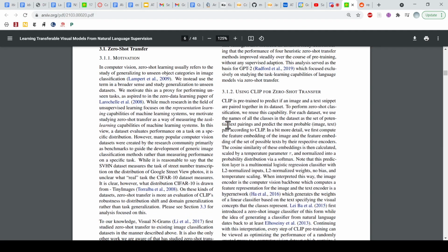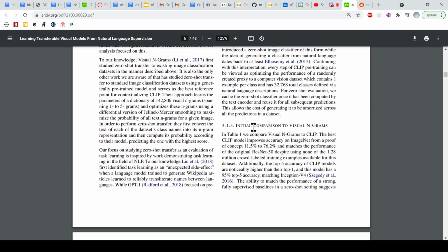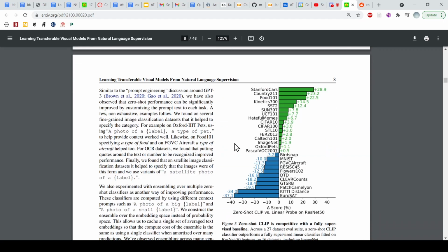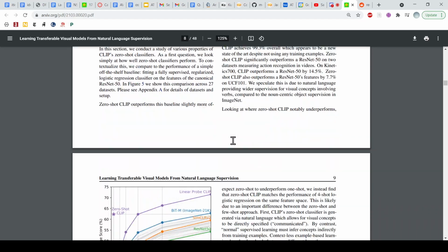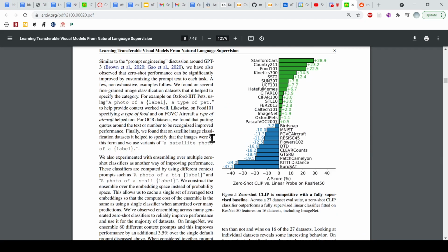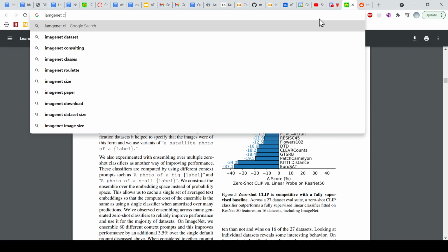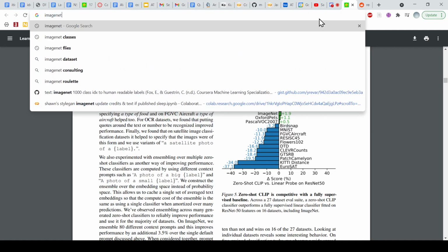But the usual way that people use CLIP is they give it a string with a whole bunch of different labels fed in. Like on ImageNet, you would say a photo of a blank, and then you take all 1,000 classes of ImageNet. Here we go.